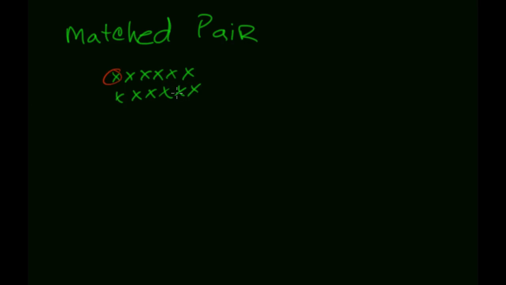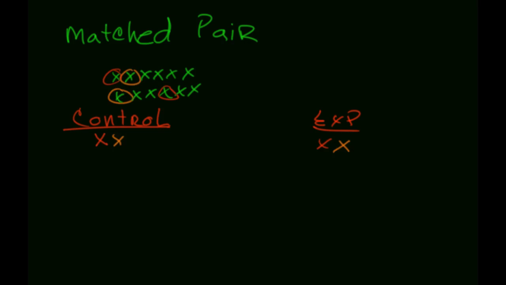So like, let's say this guy and this guy are close to each other. So I put one of them in the control, and I put the other one in the experimental group. Okay, so like this guy might be like this guy, so I put one in each.